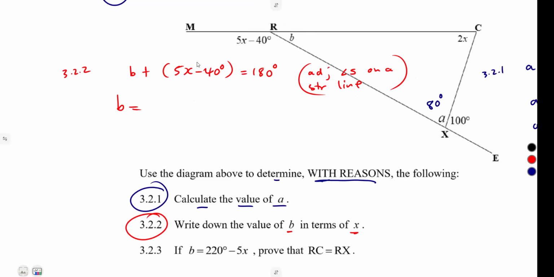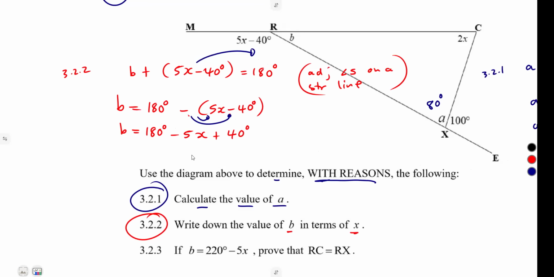Simply take this expression to the other side of the equation. It's going to be 180 degrees minus the bracket of 5x minus 40 degrees. So that gives us B: 180 degrees minus, expand the bracket, distribute by that negative, so negative 5x, and negative times negative is positive 40 degrees.